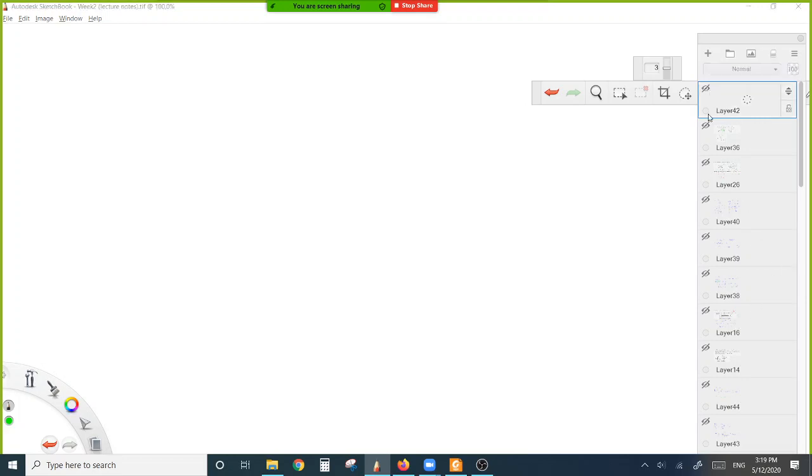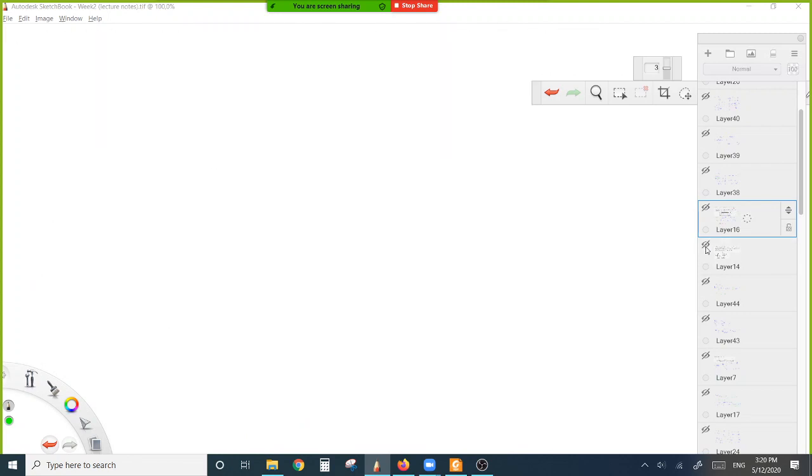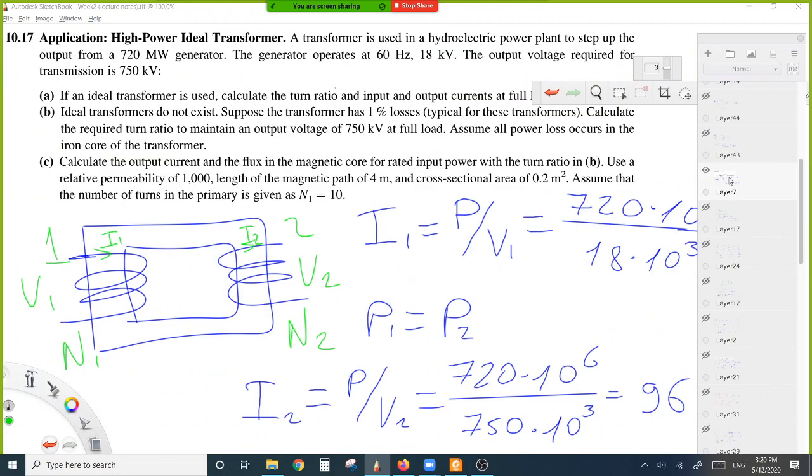You have the third part of the problem, part C. Try to do this by yourself. It is also not so difficult.